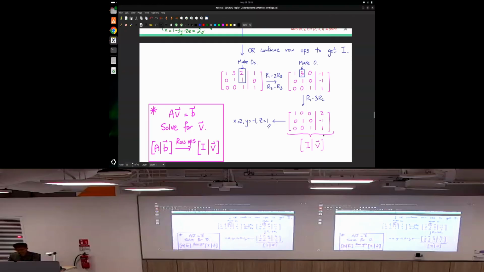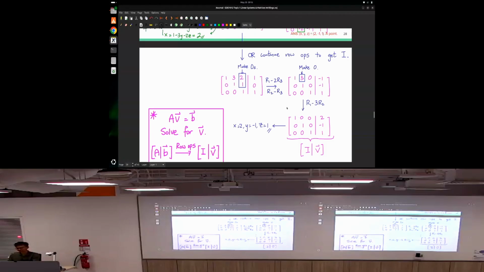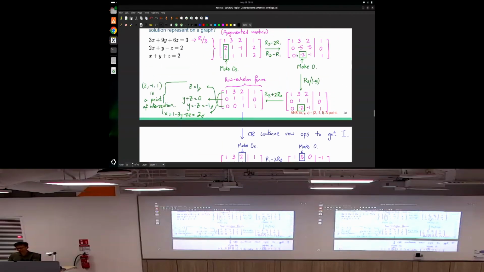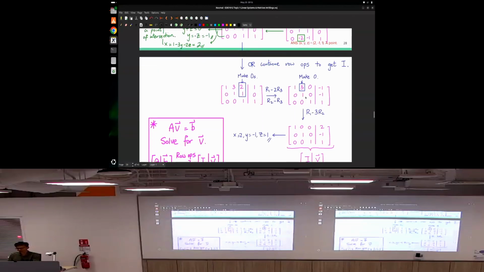Because I think some of you seem to be not very comfortable with getting the upper triangle of zeros. Effectively, it's actually the same stuff. It's just like a mirror image. If you want to make the 3 zeros here, you perform the row ops. Then to get the upper 3 zeros, you just perform similar row ops.